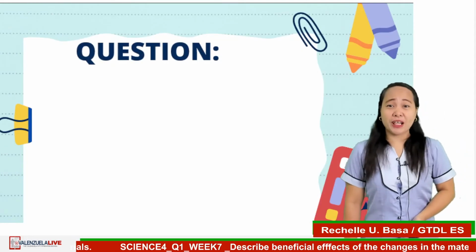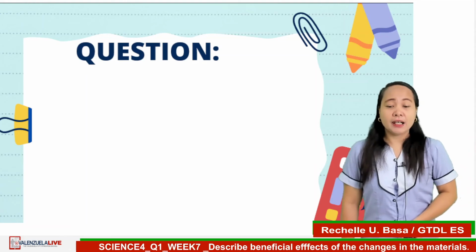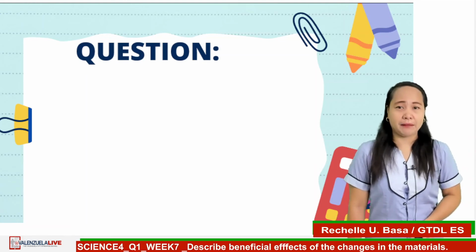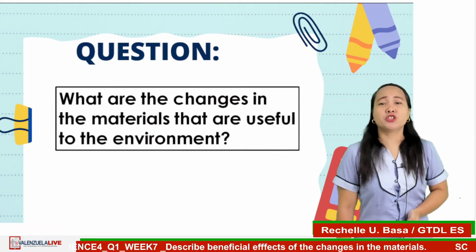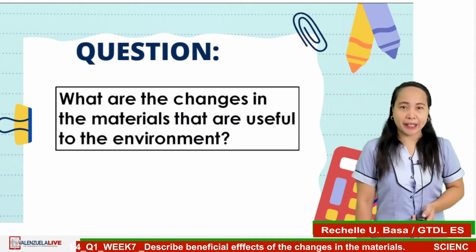And there is a question coming from one of the students named Leslie Cyrene Oria. And here is the question. What are the changes in the materials that are useful to the environment?